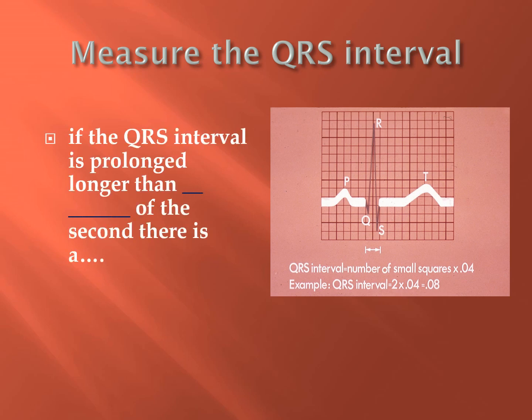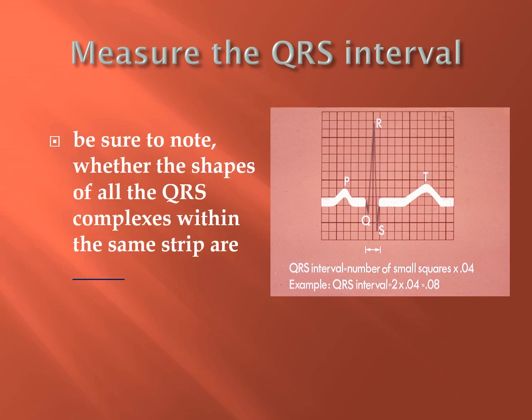If the QRS interval is prolonged, longer than 12 hundredths of a second, there is a defect of impulse conduction through the ventricles, like something's blocking the electrical activity through the ventricles, like dead tissue, for example, from a cardiac injury.